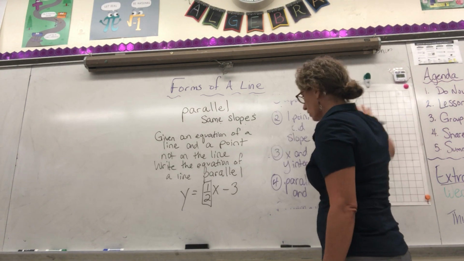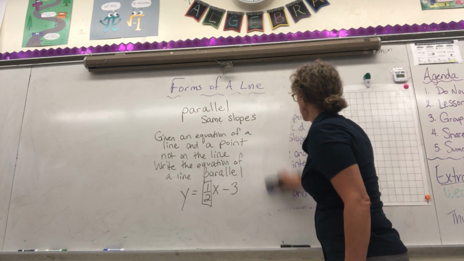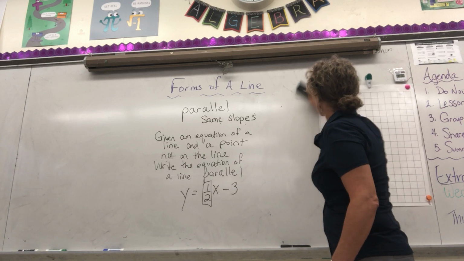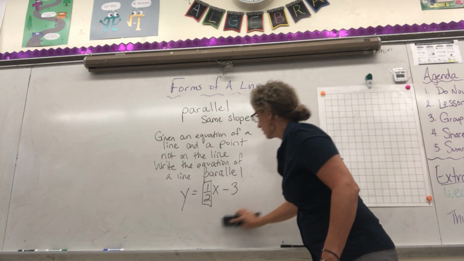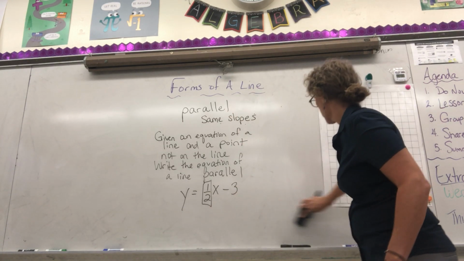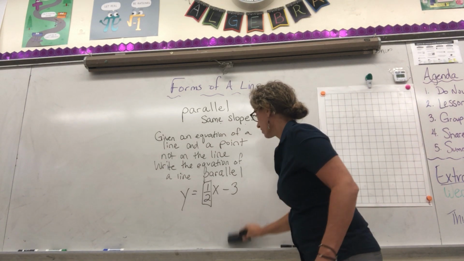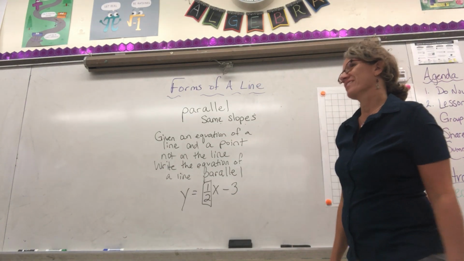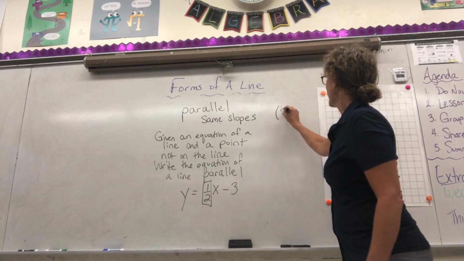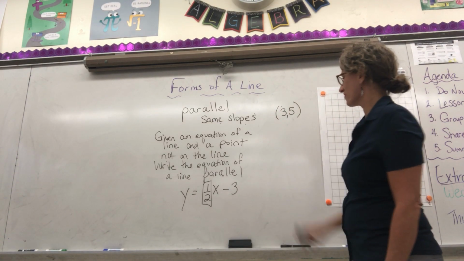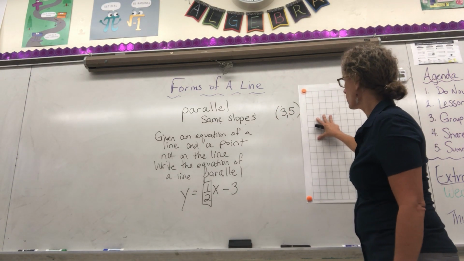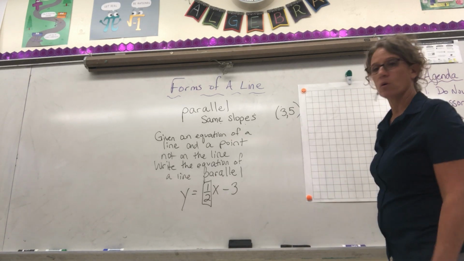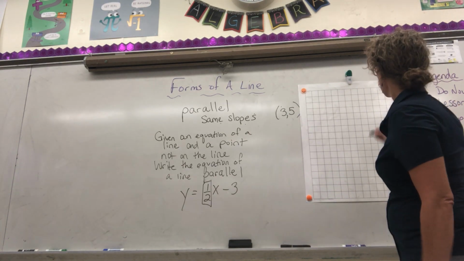So let's talk about a specific point. Pick a point, any point, but not one that's on this graph. I pick 3, 5. Let's see if that works. First of all, let's graph the line 1/2 x minus 3.